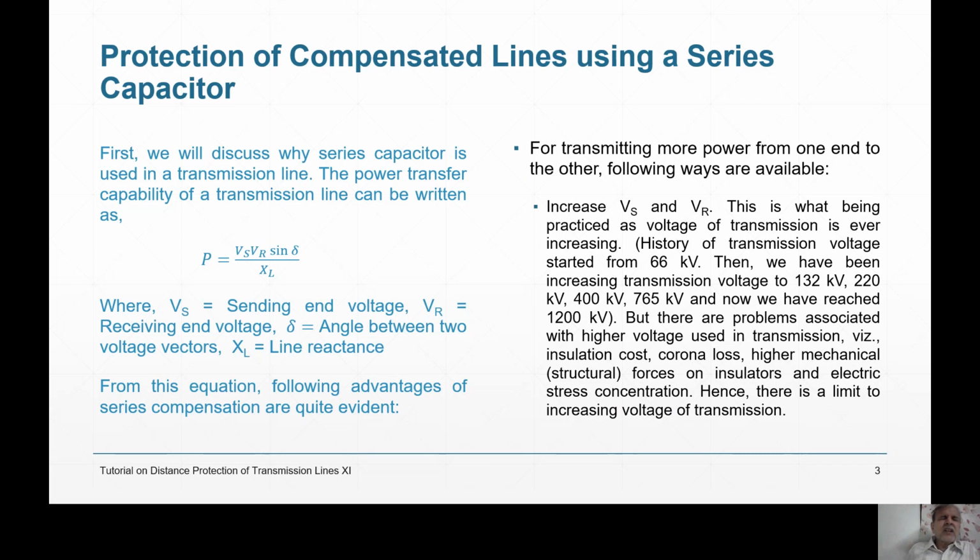Sending end voltage is Vs, receiving end voltage is Vr. Then power transferred is equal to Vs Vr into sine delta by XL. I am taking XL. I am not taking R plus jXL, because we are talking of very long and high voltage lines. So for 400 kV lines, you can easily ignore R. Therefore, R is ignored. We have taken only XL.